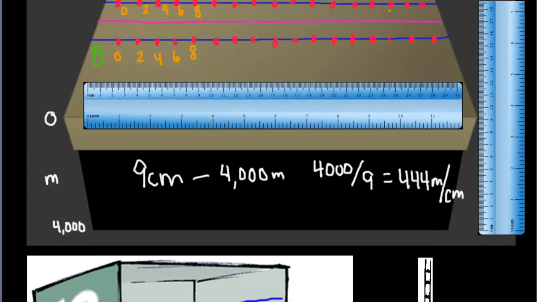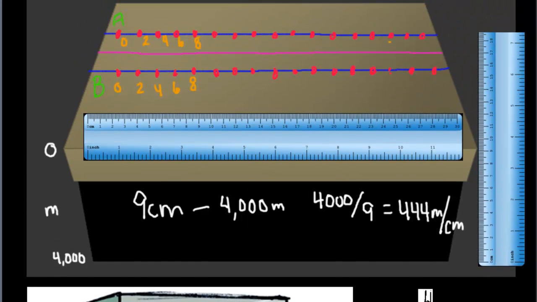I would really like it if you guys could take that scale and write it very obviously on your box, someplace on the top. Something like scale equals 444 meters per centimeter. Make that really obvious.